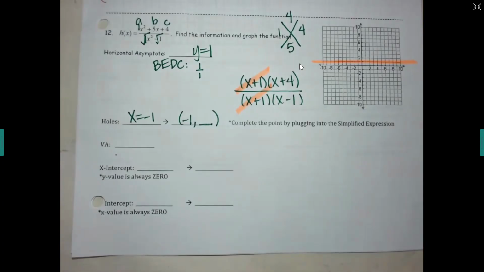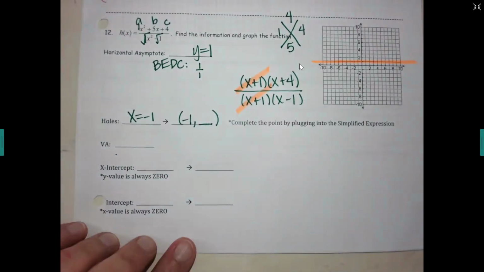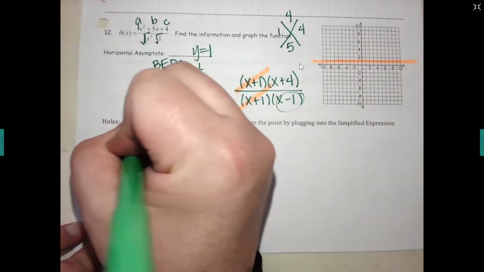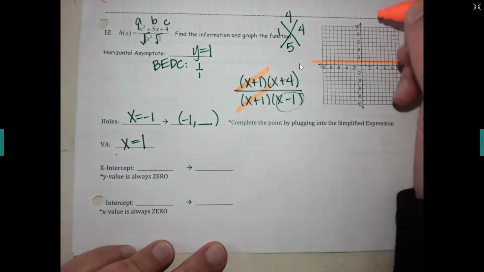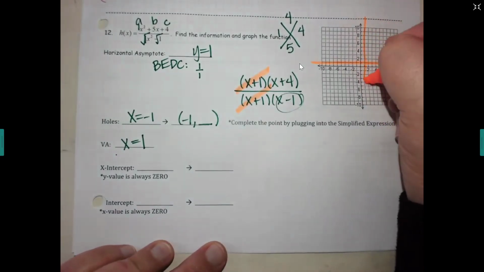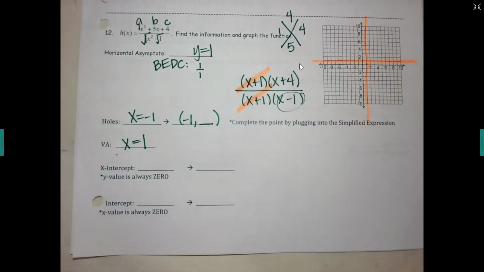Vertical asymptotes are x's left on bottom. Do I have any? And it's an x minus 1, so where's the vertical asymptote going to be at? +1. Then go on your graph and draw that in. My graph cannot touch an x of 1. That would be here. So no touching +1 for x or y.